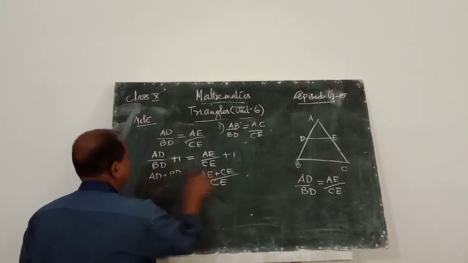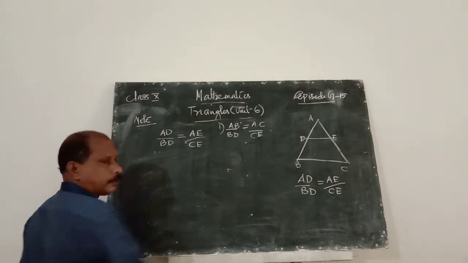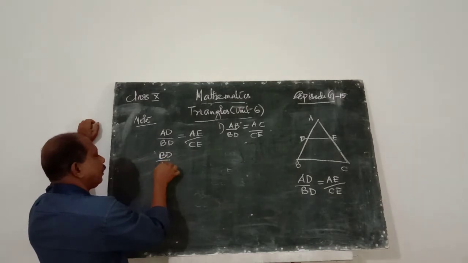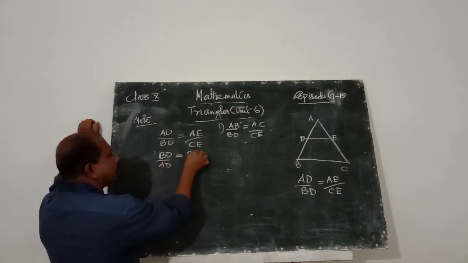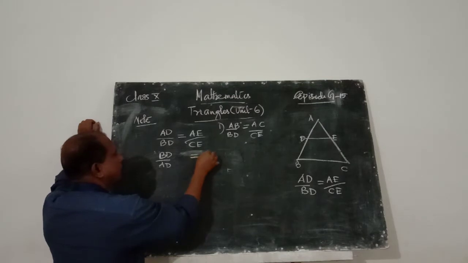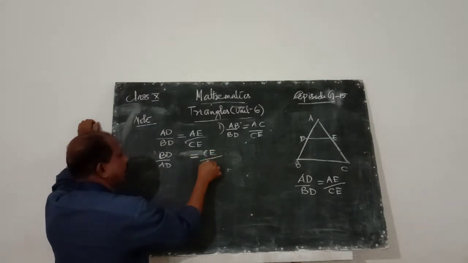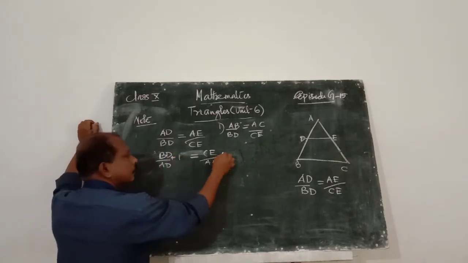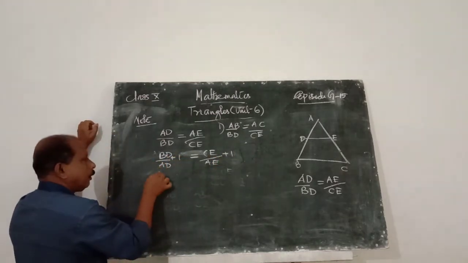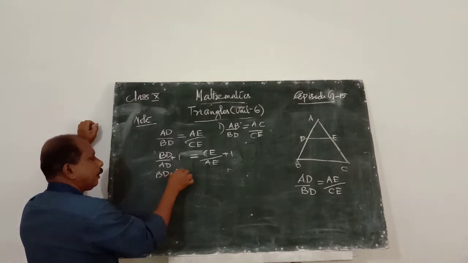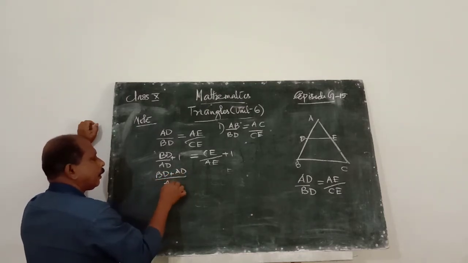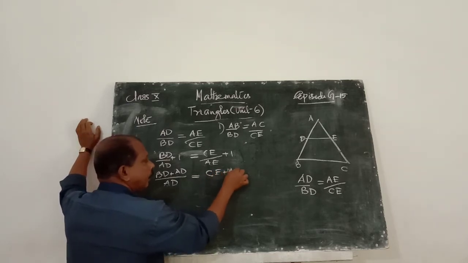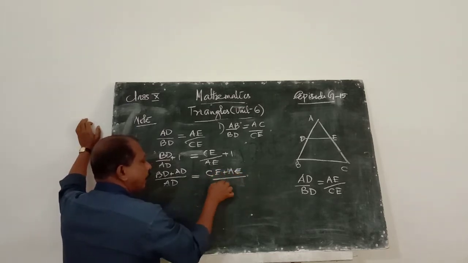Similarly, we take the reciprocals of the left and right sides. That is BD by AD is equal to CE by AE. Similarly, adding 1 on both sides, we get BD plus AD by AD is equal to CE plus AE by AE.